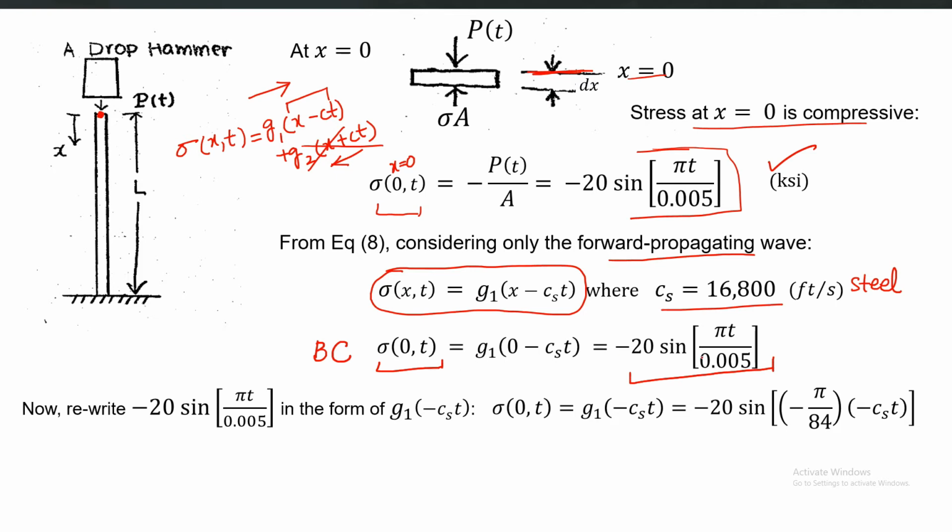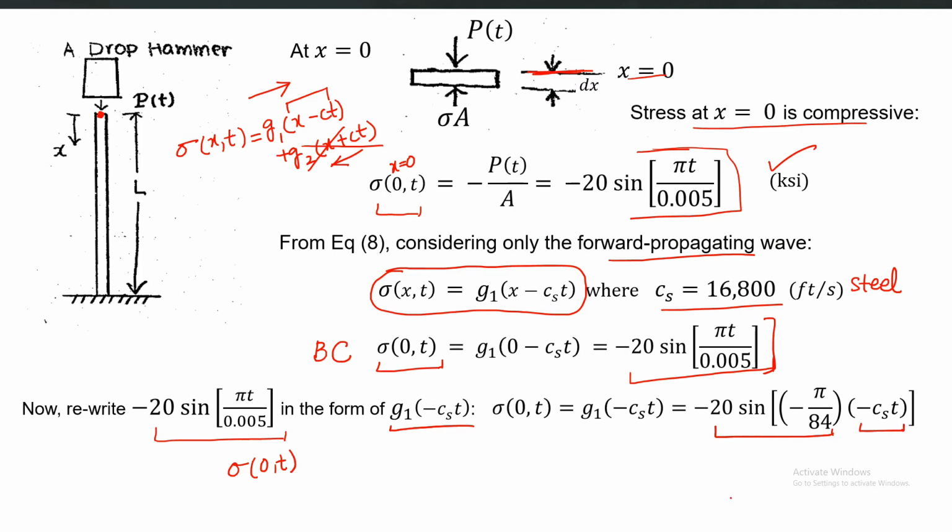One thing we can do to complete our solution for g1, which is for the stress, is rewrite the same sigma 0 comma t in the form g1 of minus cs t, because x is 0 here. So g1 is just a function of minus cs t. We just rearrange the same thing to look like a function of minus cs into t.